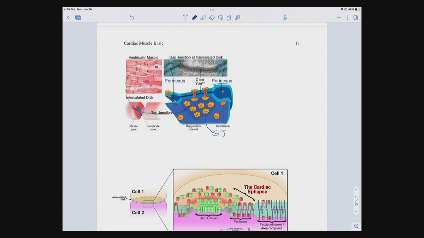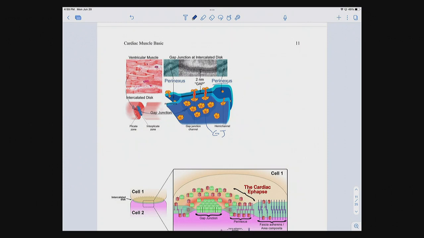So you don't expect to find intercalated discs associated with the AV node, SA node, bundle of His, and the fibers that are running down the septum, et cetera, or the Purkinje fibers. So the intercalated discs appear when you have the contractile part of the heart muscle.